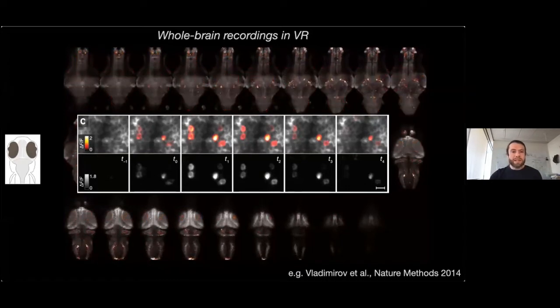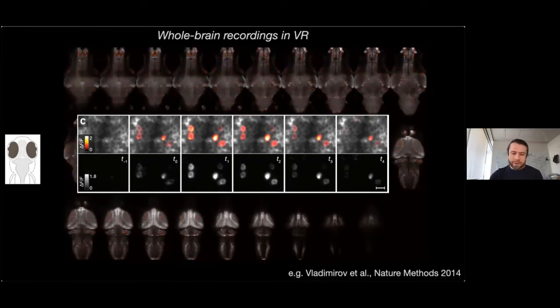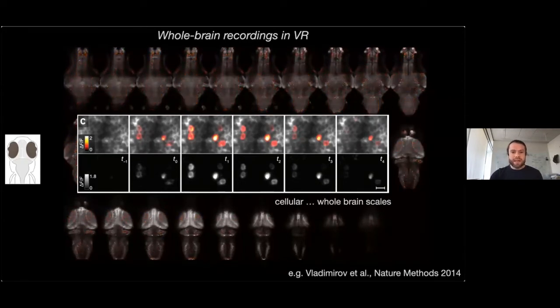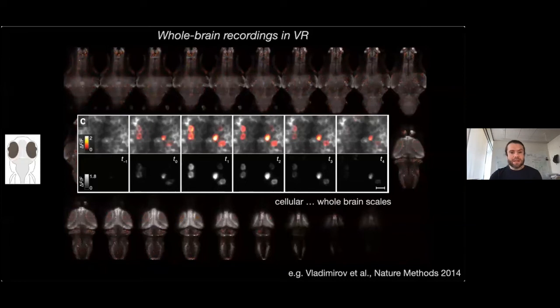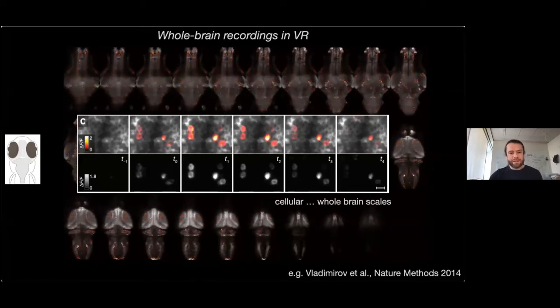About 85% of the brain we can get at single cell resolution. And this means more than 100,000 neurons out of the roughly 120,000 neurons we can get at this resolution. And so this technique really allows you to connect the cellular scale to the whole brain scale and look at the brain as a more or less complete system where every activity of every neuron is represented.